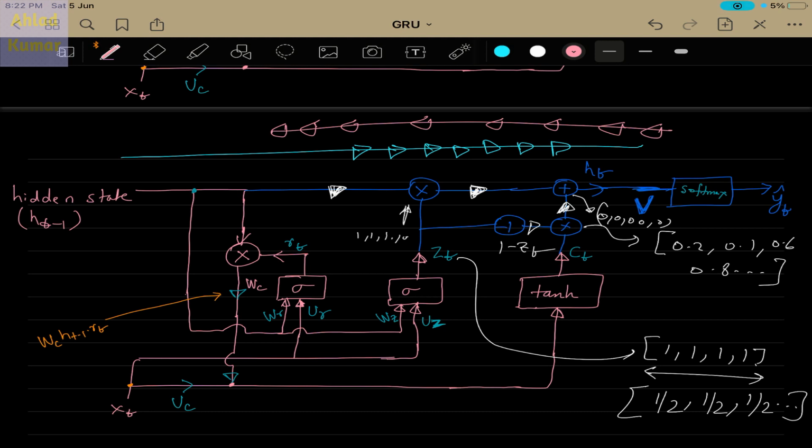Nobody has come up with a concrete solution that GRUs are always better as compared to LSTMs. Depending upon the situation, LSTM can also perform better than GRUs. You cannot say concretely that GRUs are always better, but the time taken by GRUs is less as compared to that of LSTM. As far as performance is concerned, both can give you good performances in different applications.